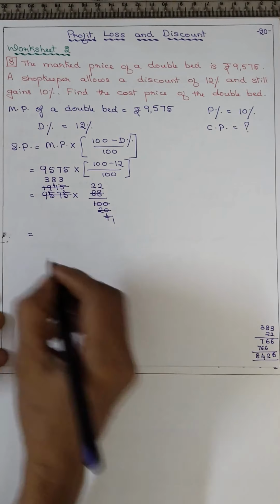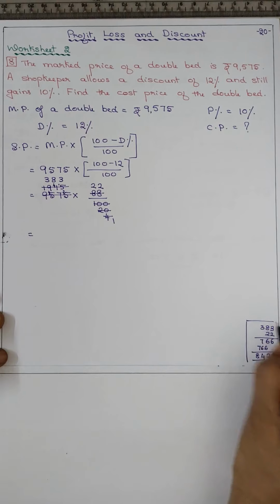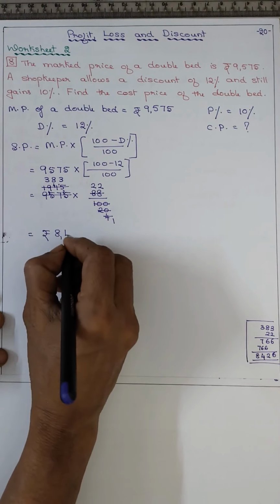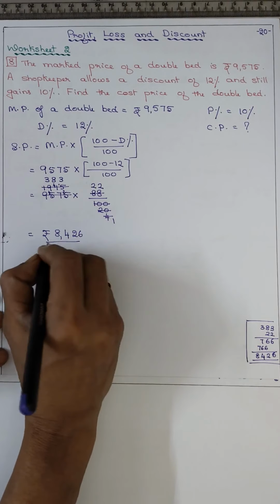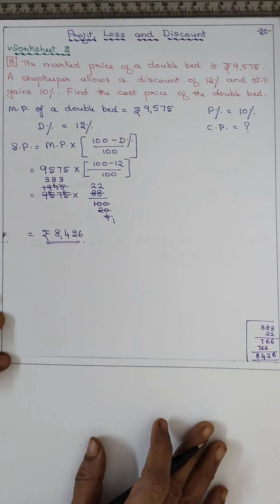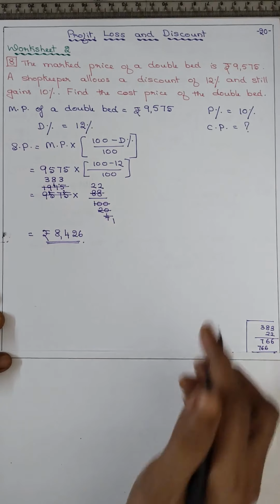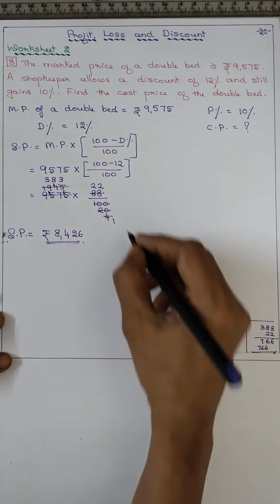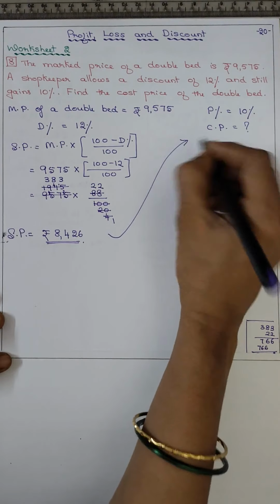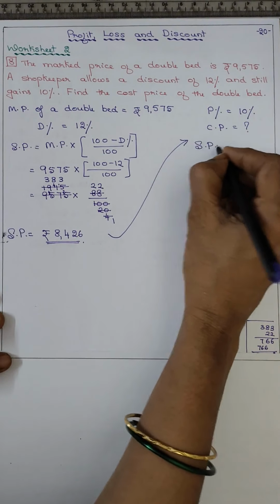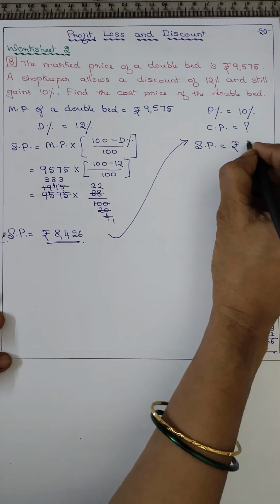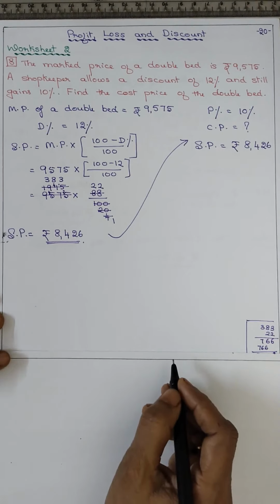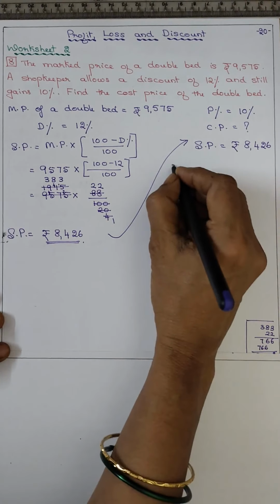The answer, from the rough work, is rupees 8,426. Is it okay? Now, SP you got. So, SP, how much did you get? Rupees 8,426.